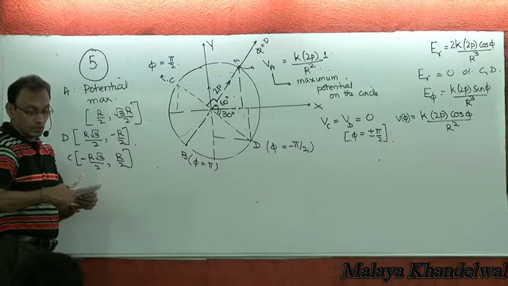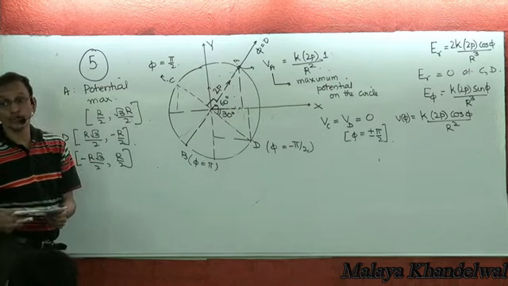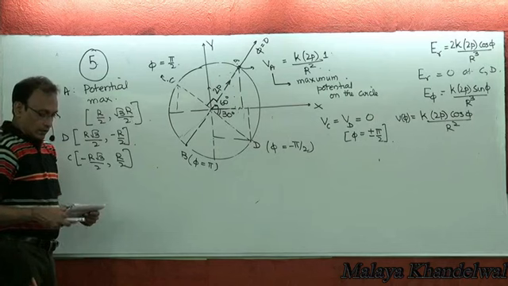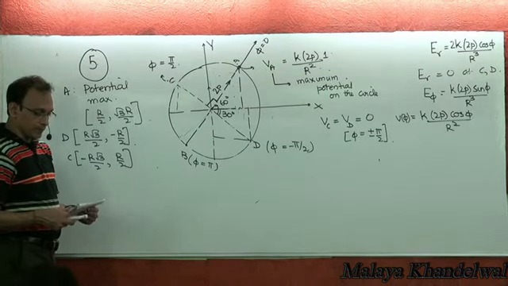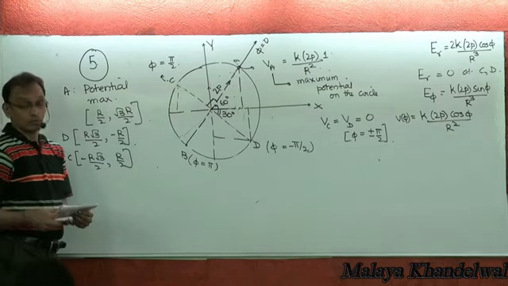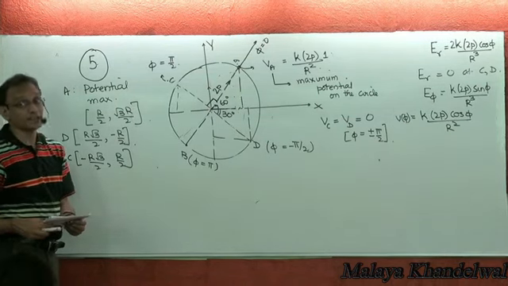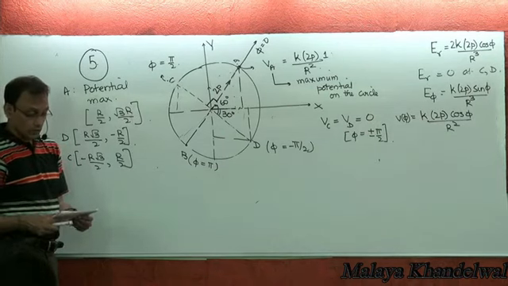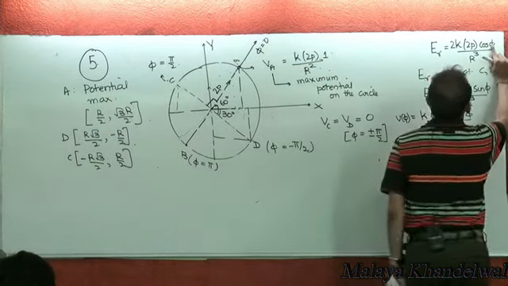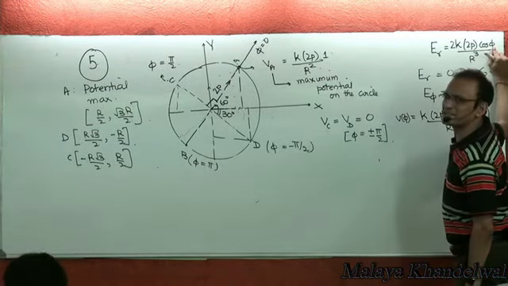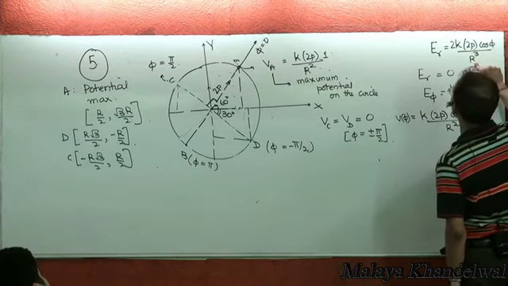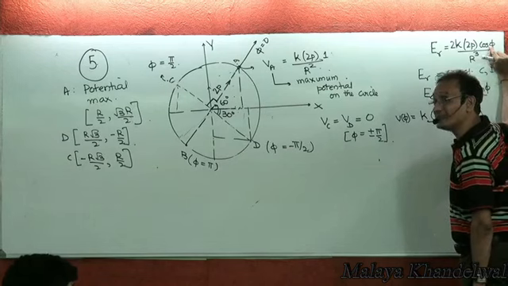you will have potential equal to 0 at phi equal to plus minus pi by 2, right? Coordinates of points on the circle where magnitude of the electric field intensity is 1 by 4 pi epsilon naught, magnitude, that means plus or minus, is this. Whenever cos phi is plus or minus 1, it will become 4 kp by r cubed into plus 1 or minus 1.